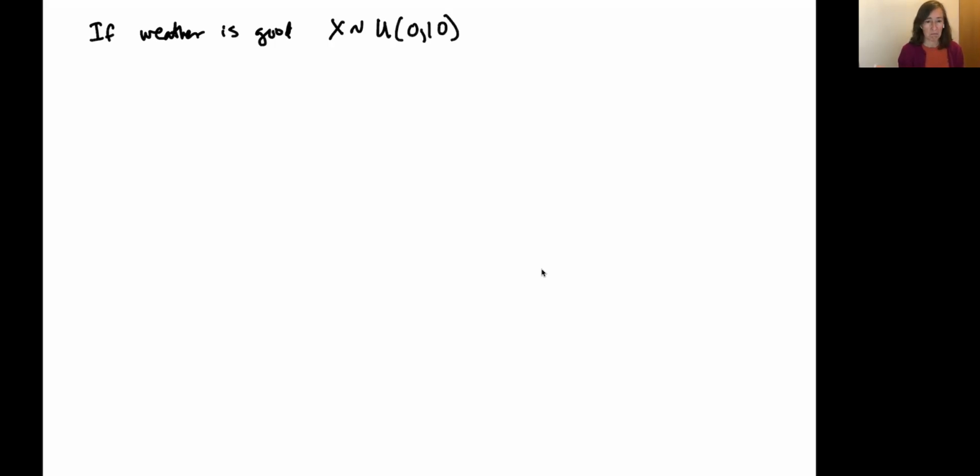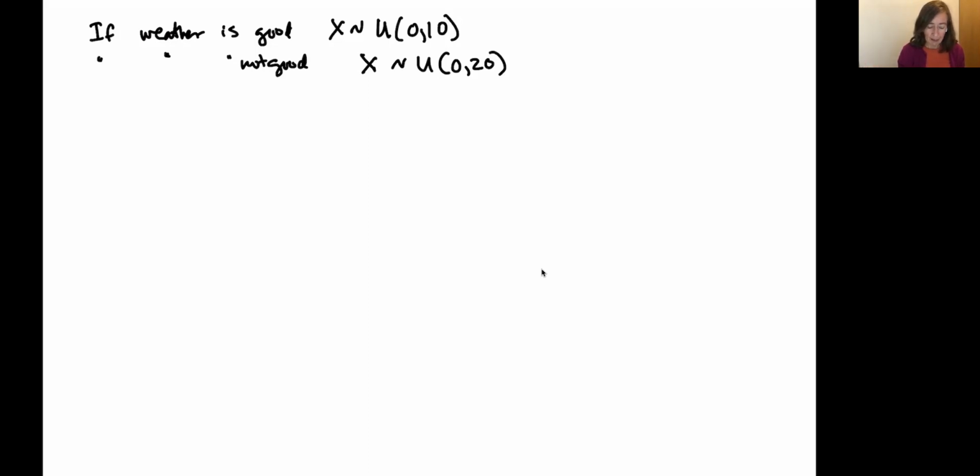So I might have to wait 0 minutes, I might have to wait 10, and everything in between is equally likely. If the weather is not good, then my waiting time is also uniform, but now on the interval 0 to 20. So a longer expected wait time, and higher variance when the weather's bad. That sounds like every bus system I've ever depended on.